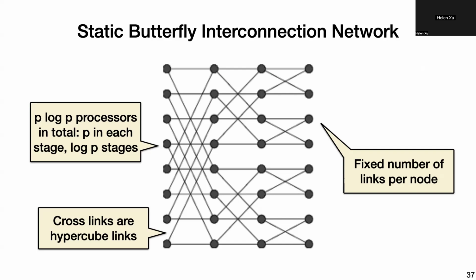Exactly. A lot of the algorithms that we did before follow this pattern: you fix one bit and then you move the bit that changes along. So that's the inspiration for this design.